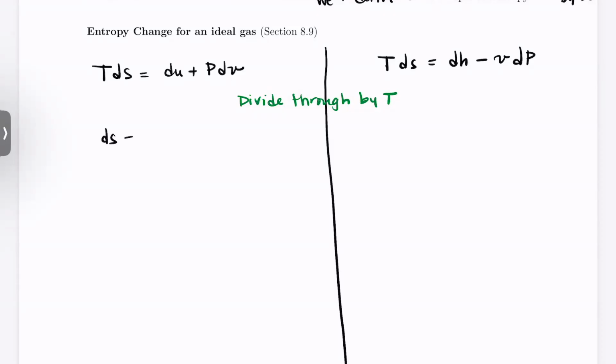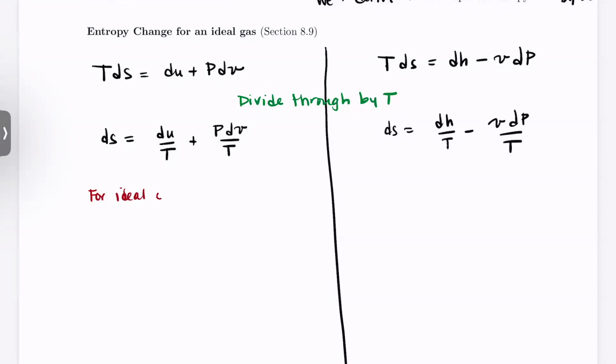So we have ds is equal to du over T plus p dv over T. And then I'm going to do the same thing for our other sister derivation. So I have ds is equal to dH over T minus specific volume dP divided by T. All right. For an ideal gas, we have that du is equal to Cv dT.